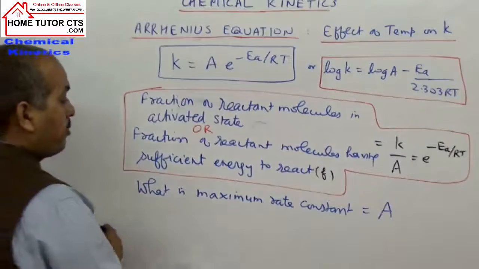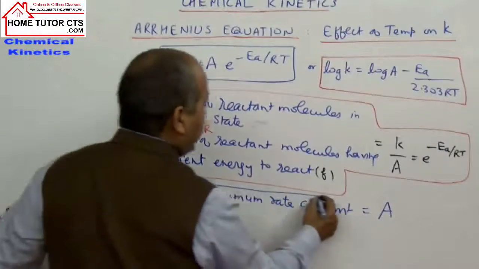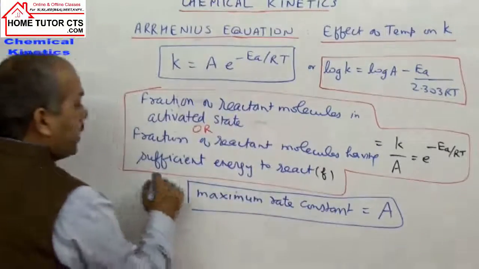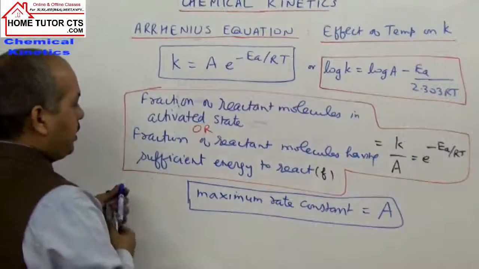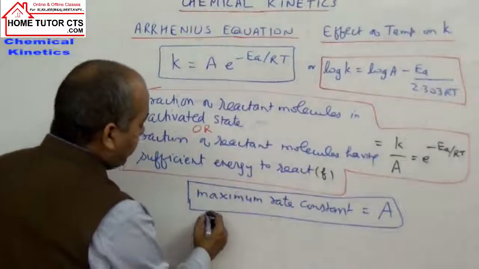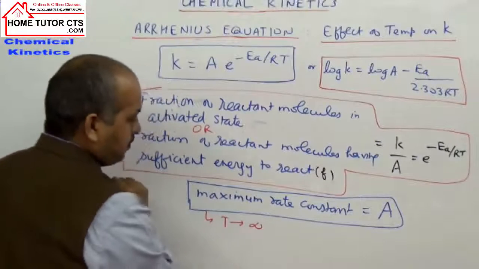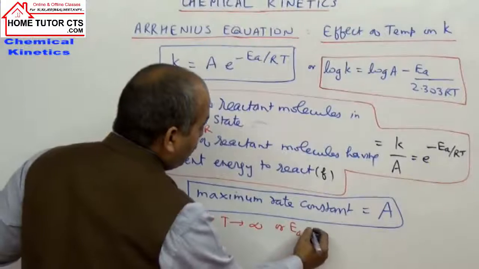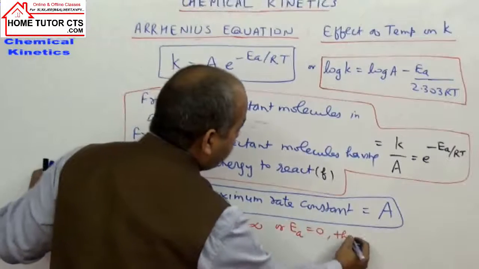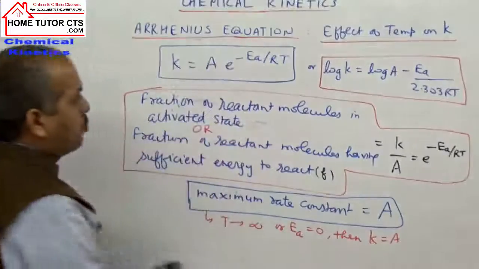So directly, the maximum rate constant of the reaction can be taken equal to capital A. How is it possible? It is possible if temperature approaches infinity or EA becomes 0. Then K becomes equal to A.